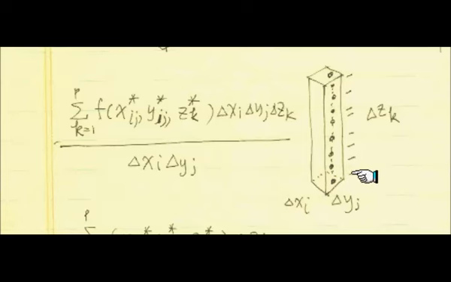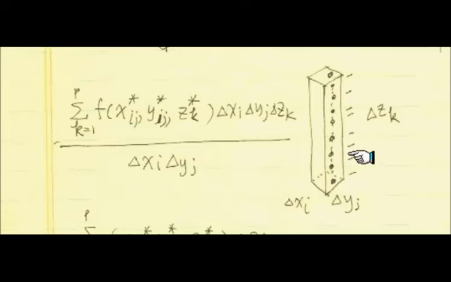So for the mass, you have to add up the mass of each little cube sliced out by this partition, and here I indicated the interval along the z-axis. That's going to be the height of the first cube, the height of the second cube, and so on.